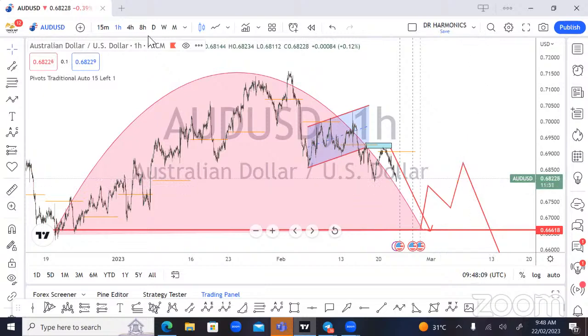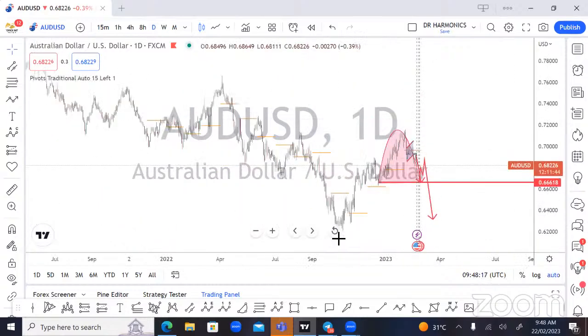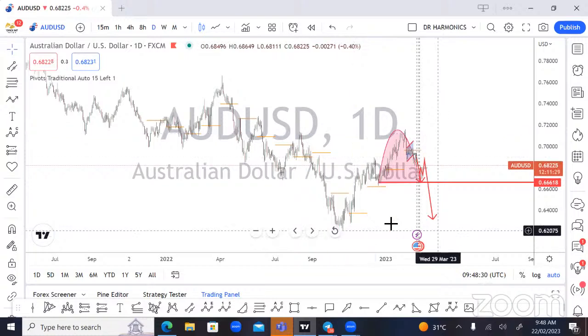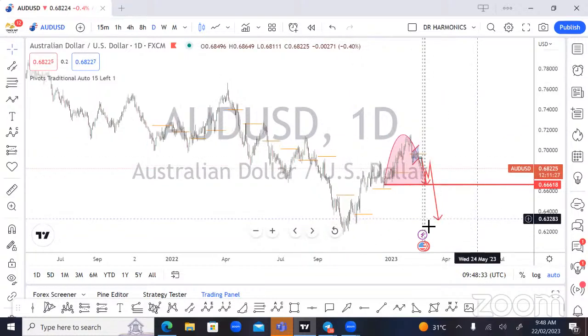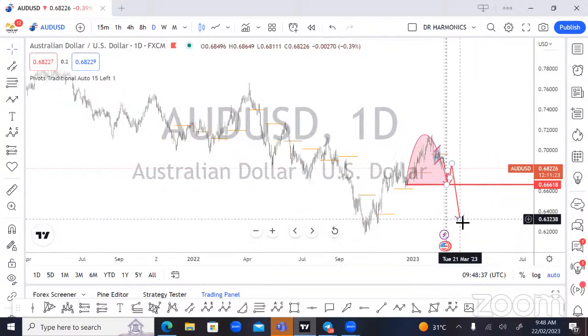Now on the higher time frame, this was an imbalance. It came all the way here, and the fair value gap came to close the imbalance. It balanced it over here and hit the order block. So we have to see it go more down. At least it should come to this zone.